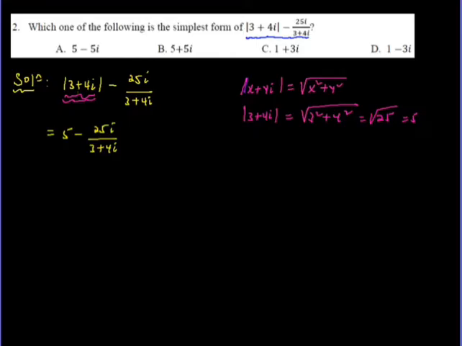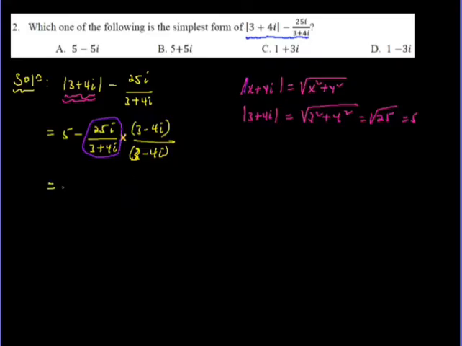We need to also simplify this part. This part requires further simplification. We simplify it by multiplying both the numerator and the denominator by 3 minus 4i over 3 minus 4i, to write it in a more simplified form.